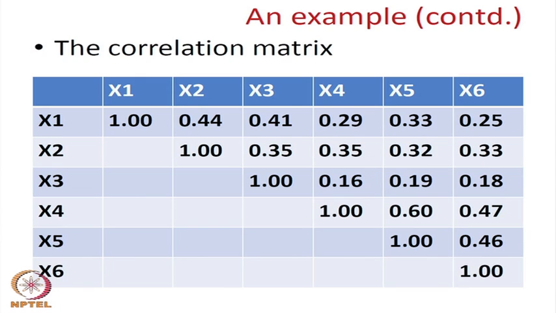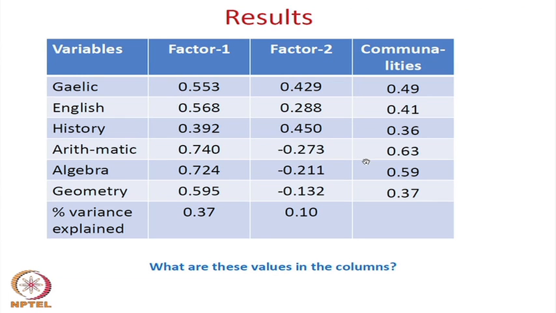When correlation coefficients are more than 0.3, you can go for factor analysis, that is the suggestion, but many of the correlation coefficients should be more than this. Then using principal component factor analysis for two factors, you will be getting something like factor 1 and factor 2.